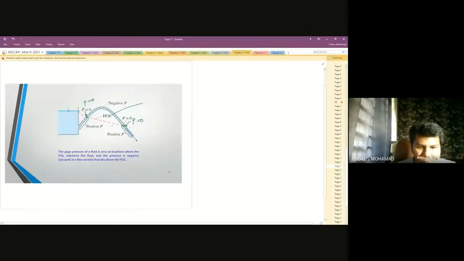Okay, so for hydraulic grade line, atas daripada HGL, the pressure is vacuum atau pressure is negative. Bawah HGL, pressure is positive. Okay, so that is hydraulic grade line.